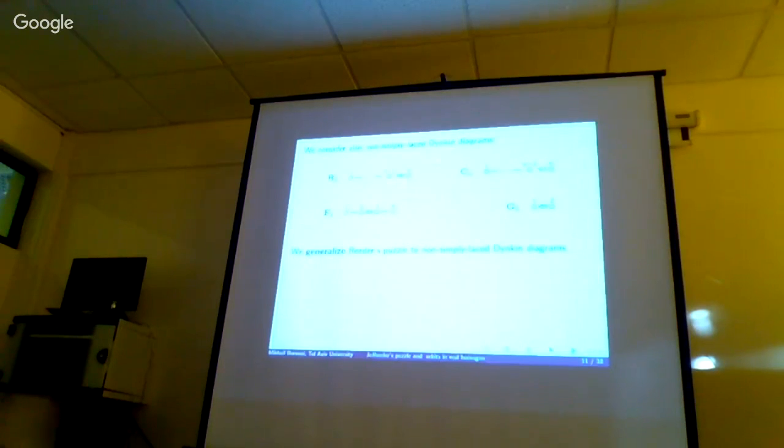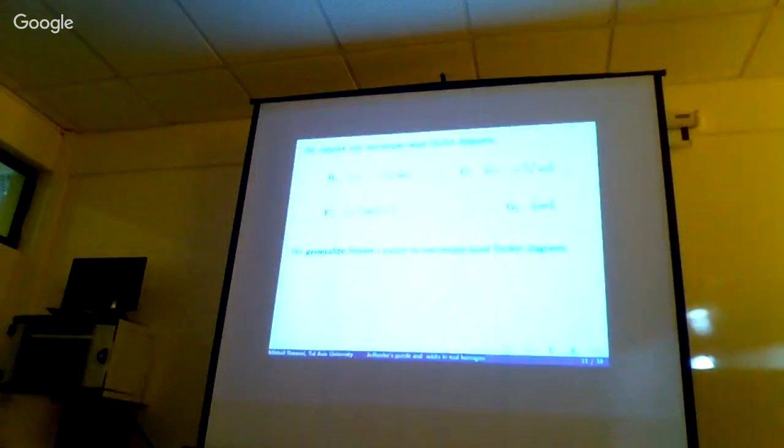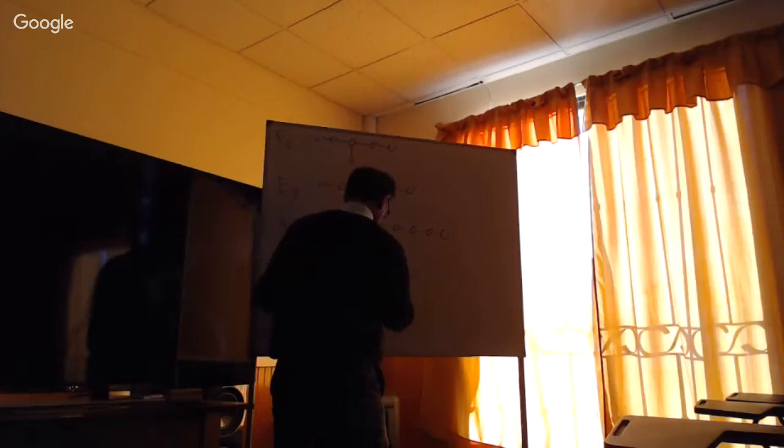Again, it's a zoo. We have 2 diagrams, B_n and C_n. Look, they differ by this arrow. That's the same graph, and maybe I have to write, this arrow is actually an inequality sign, and this is an equality sign.